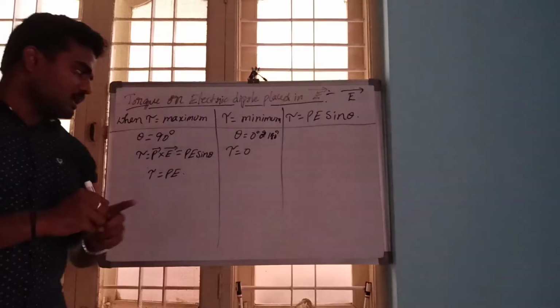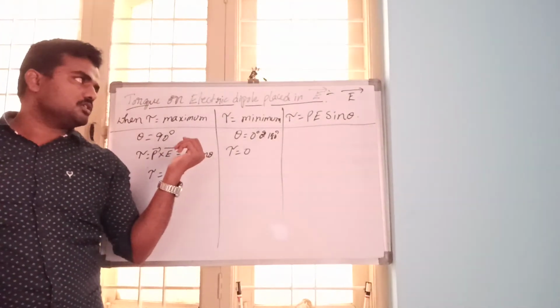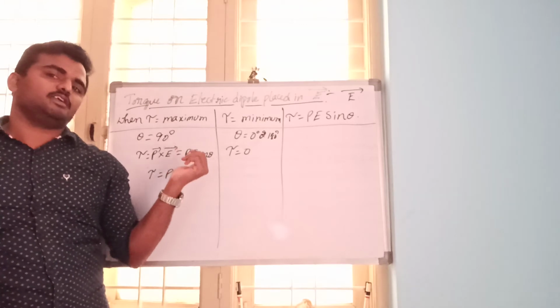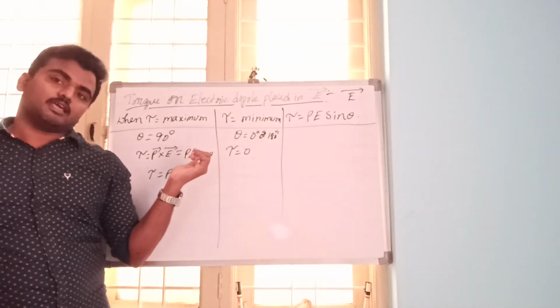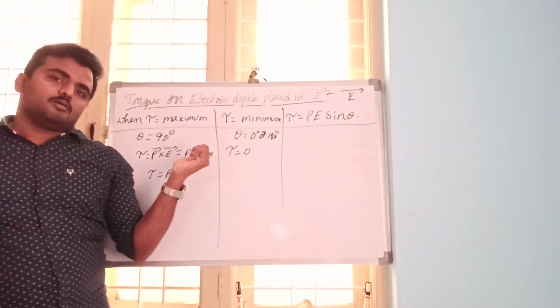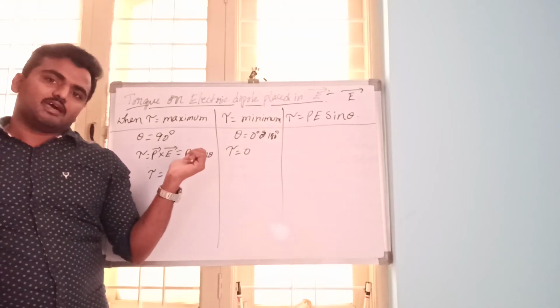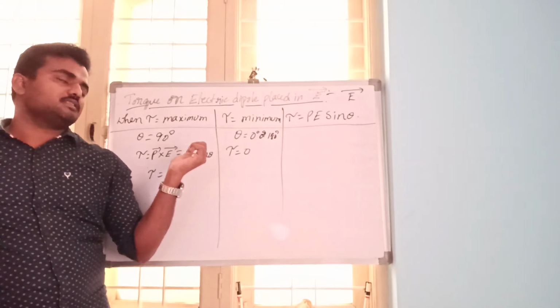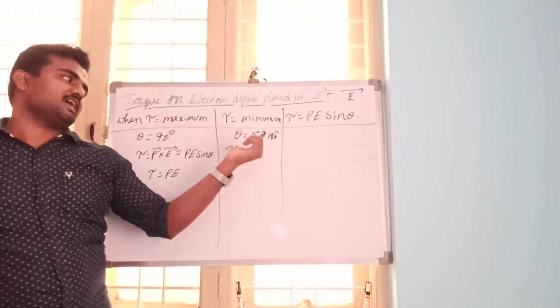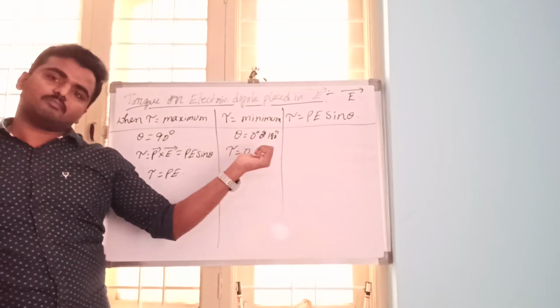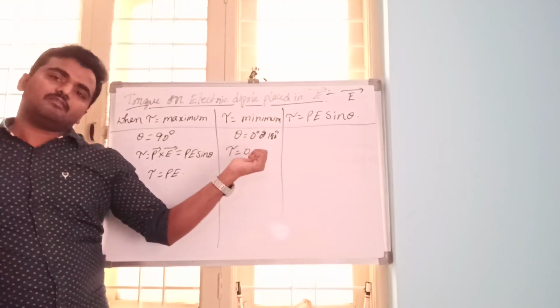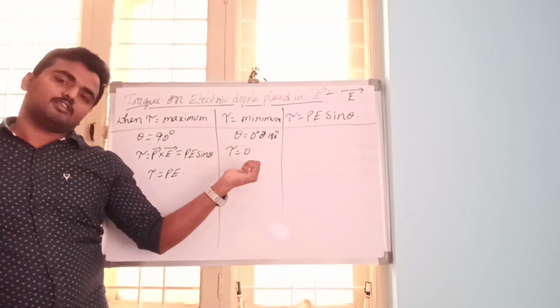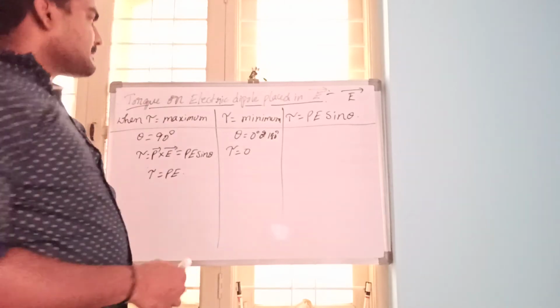So when you align the electric dipole in the direction perpendicular to the electric field vector, then the torque will be maximum. If you align it either parallel or anti-parallel to the electric field vector, then the torque will be minimum. Clear?